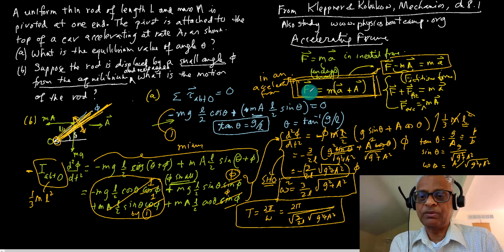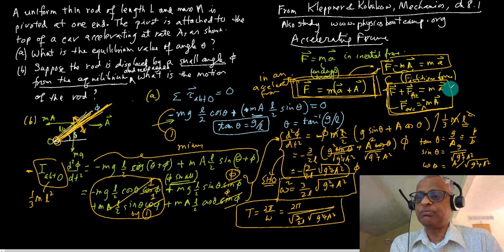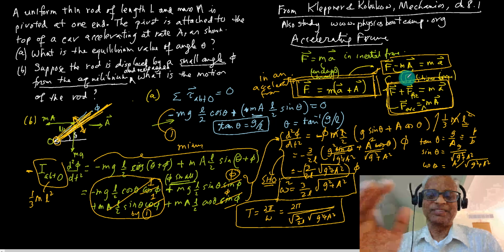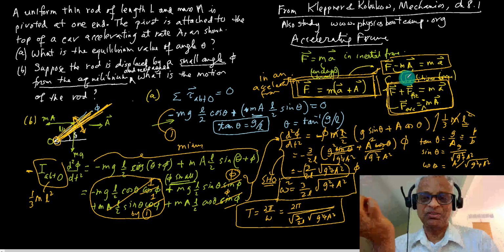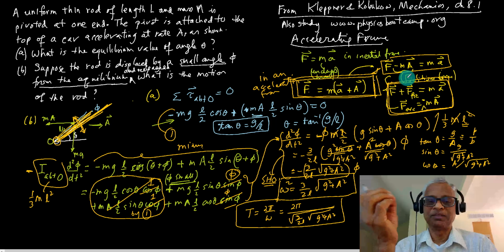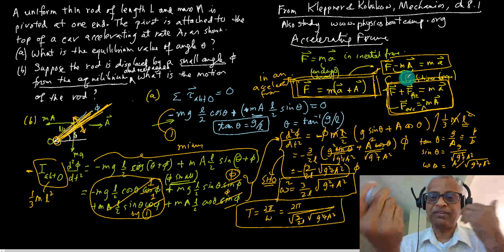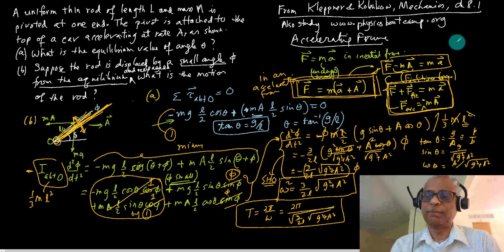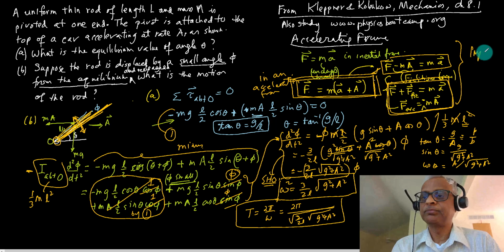You bring ma on the other side and then use a regular technique. You can actually think of a fictitious force like a real force. There's nothing fictitious about it. You actually feel the inertial effect of it. So this is very important.